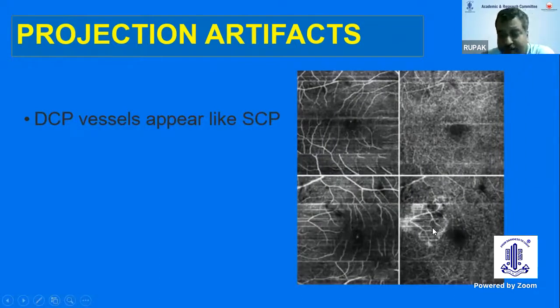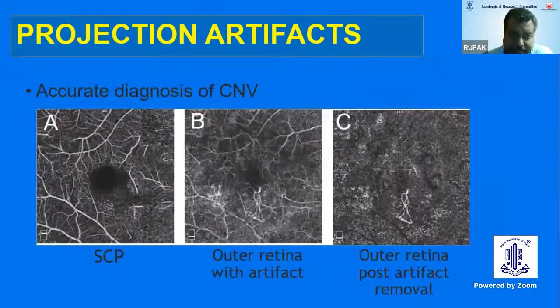So this is a projection artifact. Nowadays, most of the machines have projection artifact removal software, which can help us in reducing these projection artifacts. Similarly, here you can see there is a lot of projection artifact, and when you remove the artifact, you can clearly see the CNVM.